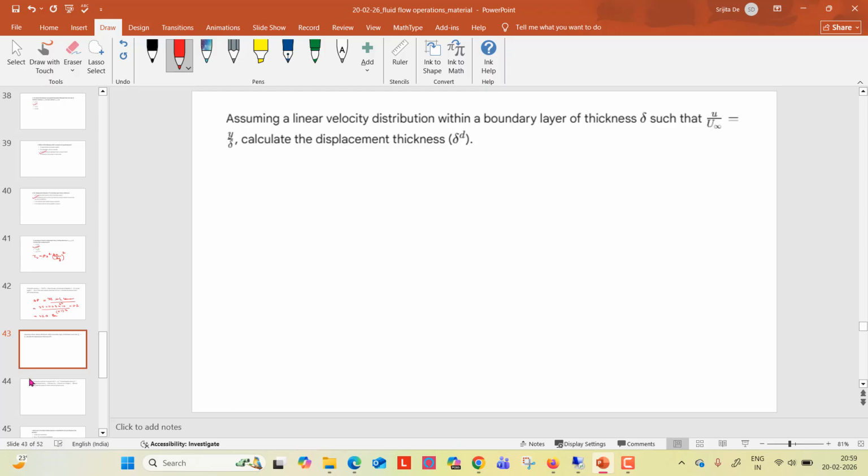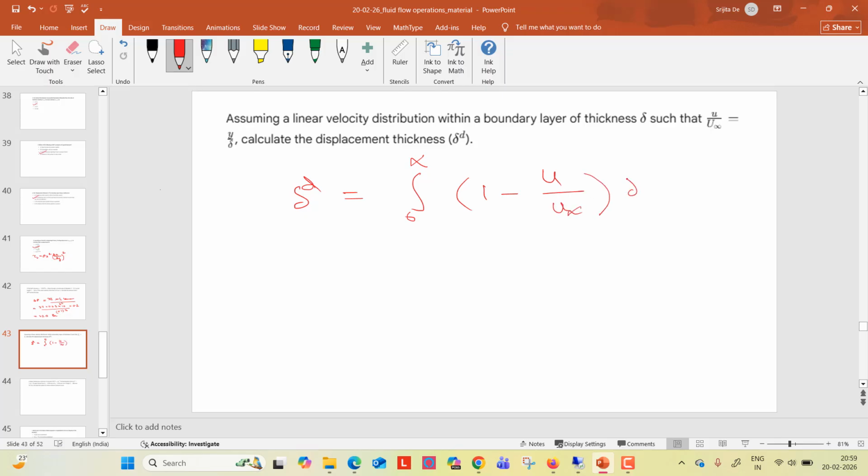From the definition, displacement thickness delta D equals the integral from 0 to infinity of (1 minus u by u infinity) dy.